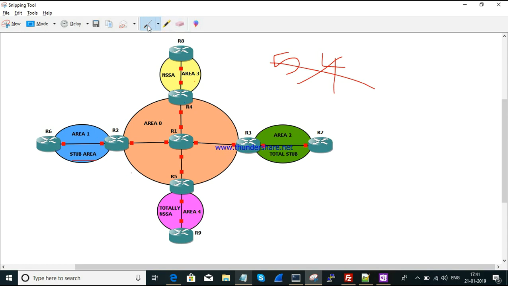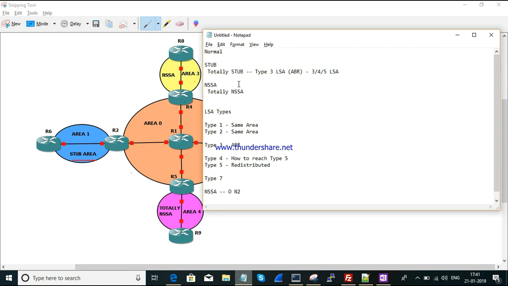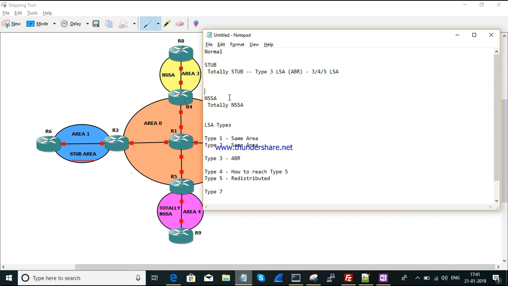Similar to stub area, it blocks type 5 and type 4 LSA. Both will be blocked, but it will allow ASBR. ASBR is allowed in NSSA.